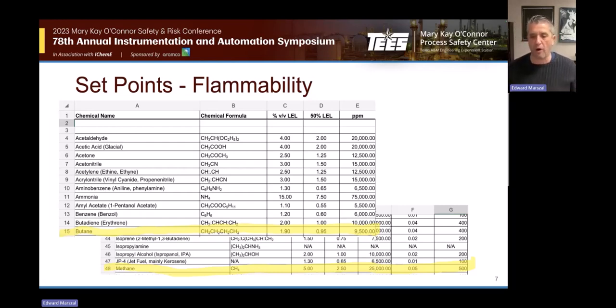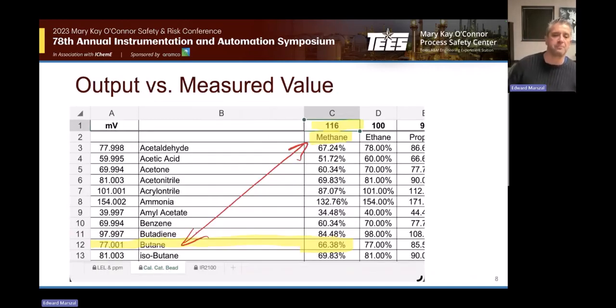So, step one, if you're calibrating at 50% of LFL for methane, that's a 25,000 ppm concentration of your gas, which is going to be completely different when you're looking at butane. So that's item number one to remember. Those ppm values and even the percent of LFL, the lower flammability limits, are going to be different depending on what species you're looking at.